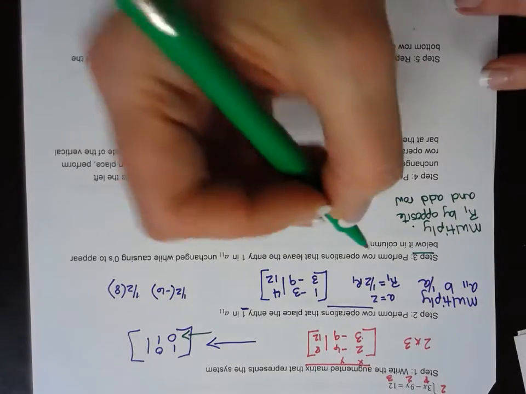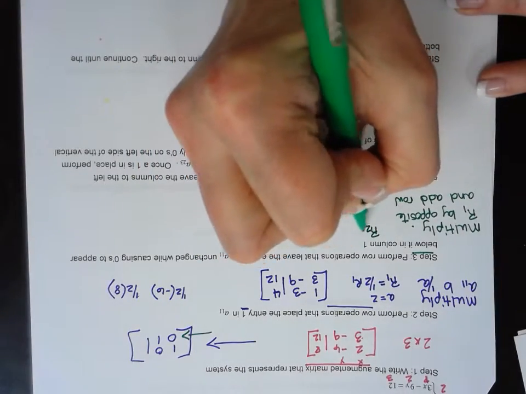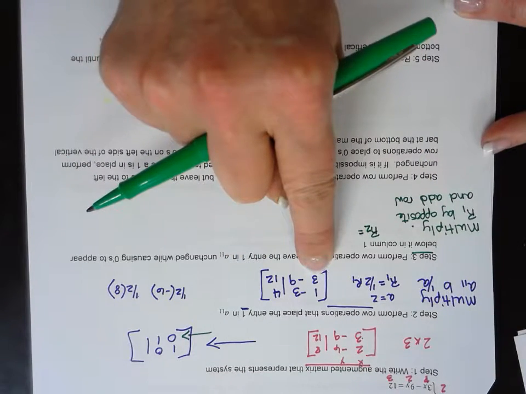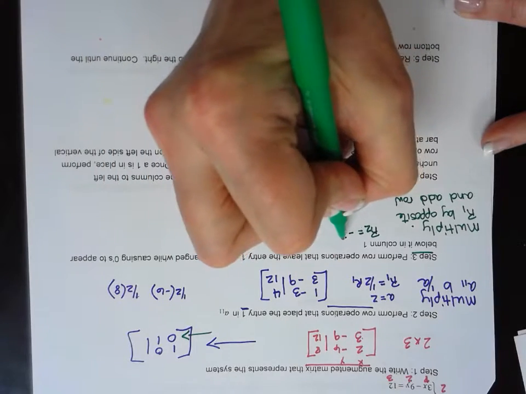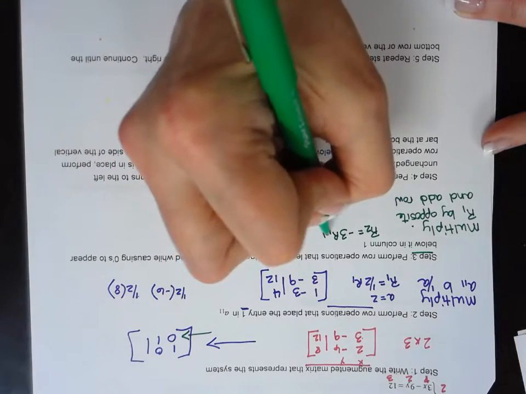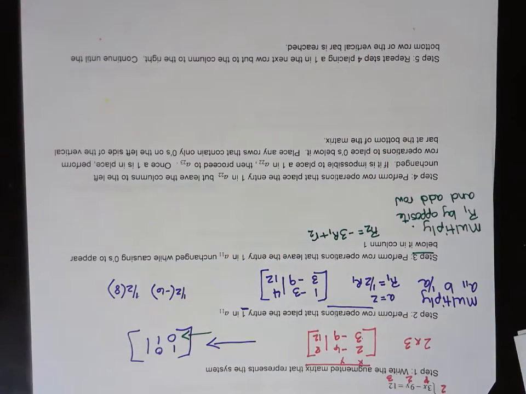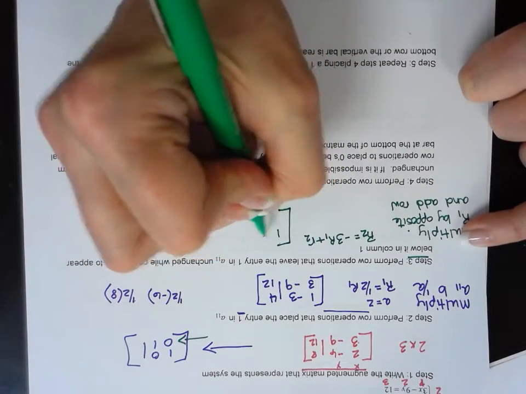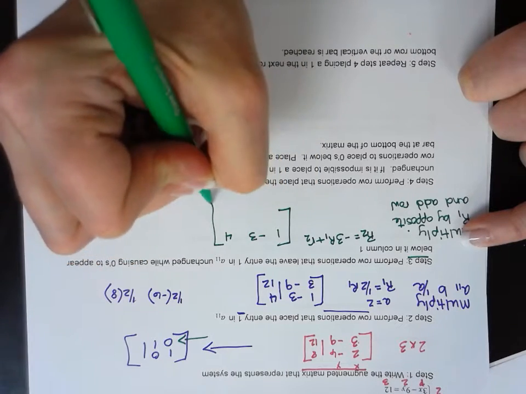Okay? So that means my row 2 is going to be, I want the opposite of 3, which is -3. I'm going to multiply that by row 1, and then I'm going to add it to row 2. So, row 1's going to stay exactly the same.